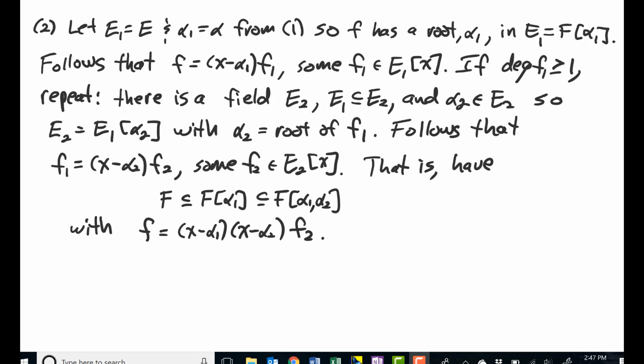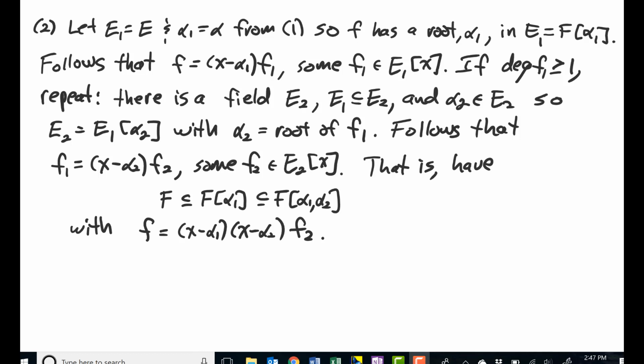Putting everything back into f, this gives us a nested set of fields, F contained in F adjoined alpha 1, and then adjoined some alpha 2, both of which are roots of f. And then f factors as x minus alpha 1, x minus alpha 2, f2.